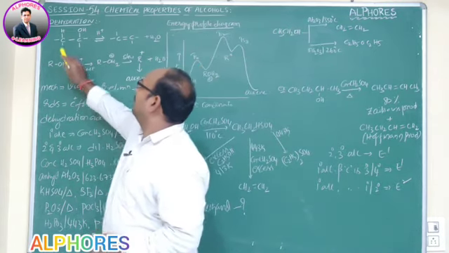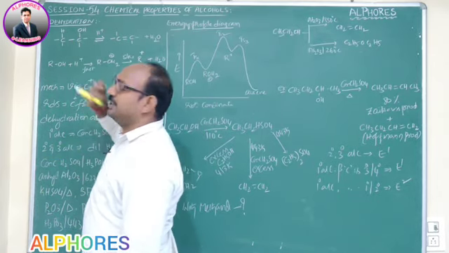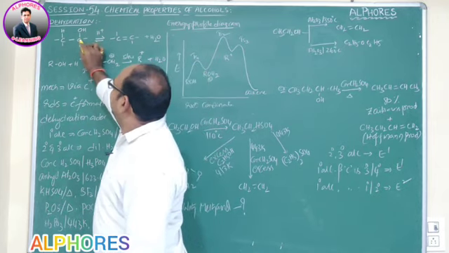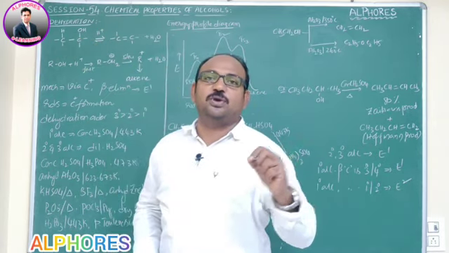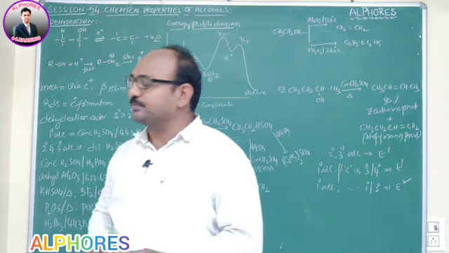Have a look here. Alcohols are C-OH, OH group containing compounds. For dehydration we generally use an acid catalyst, what we call acid catalyzed dehydration.